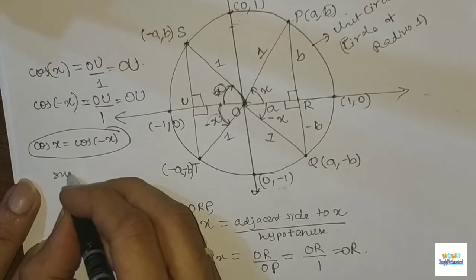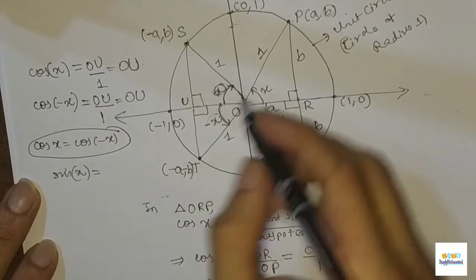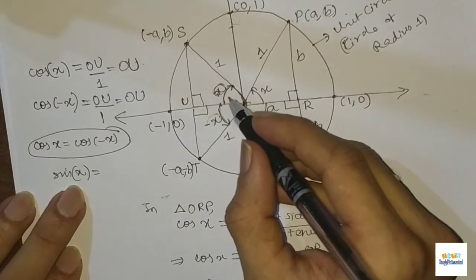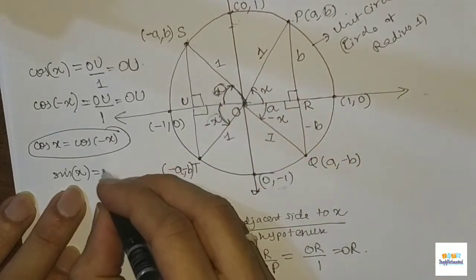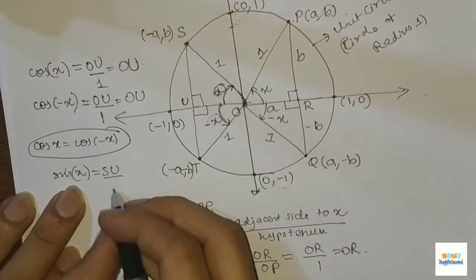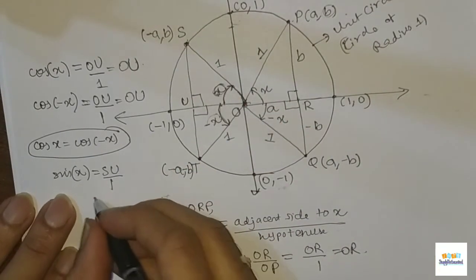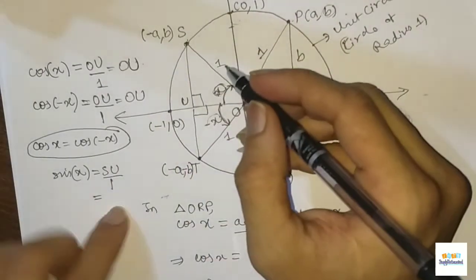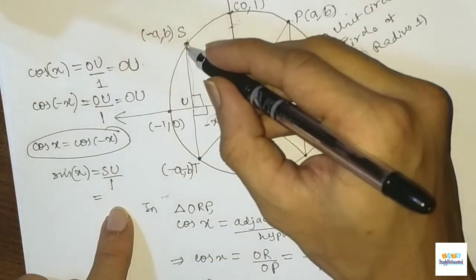Now what about sin x? Sin x, if you consider here for this x, what will you get? Sin x is nothing but opposite, so SU divided by the hypotenuse, which is 1. So SU is what? This is the side SU here.